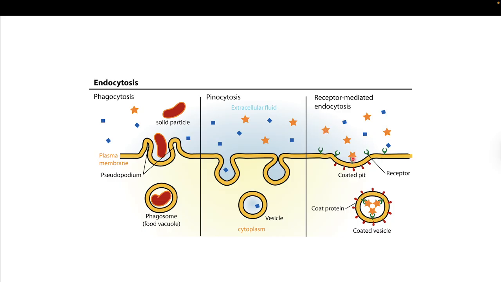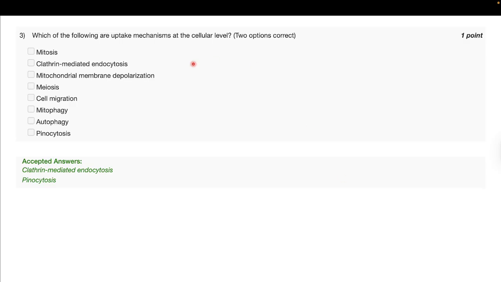So once a ligand binds to its receptor, these clathrin proteins then get activated and they will pinch off the cell membrane, and in that process it helps the cell to take these particles inside the cytoplasm of the cell.